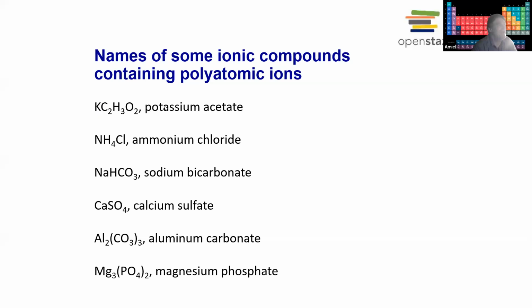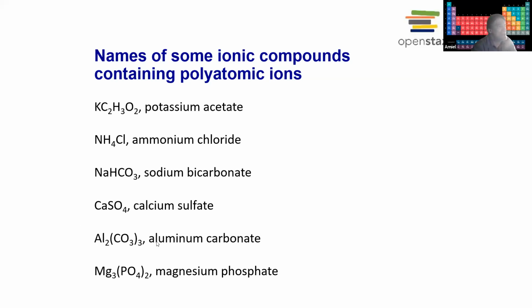And potassium acetate, the potassium comes first. Ammonium chloride, ammonium NH4 plus, chloride Cl minus. Sodium bicarbonate, bicarbonate is HCO3 minus. So you're seeing the pattern here that you just put the cation first, followed by the actual name of the polyatomic ion.